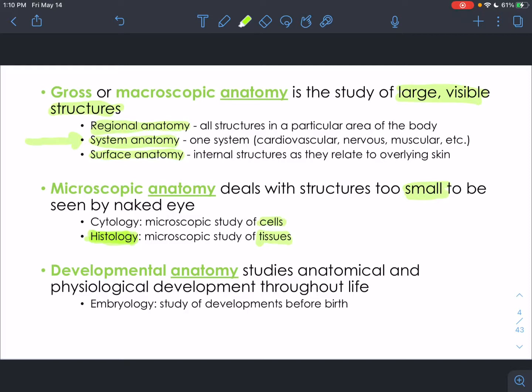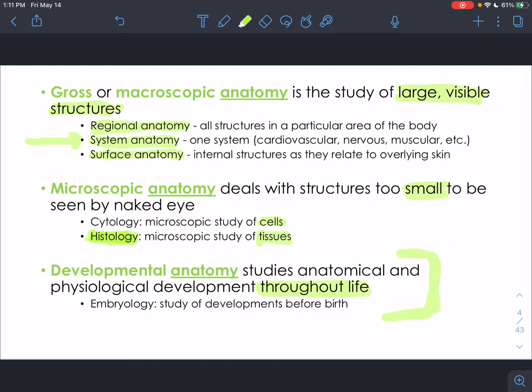And then the last type of anatomy we could look at is developmental anatomy, which is the anatomical and physiological development throughout life, right? So looking at embryology, the development before birth, how adults, as you age, the body changes. We're not really going to be looking at that in this class.